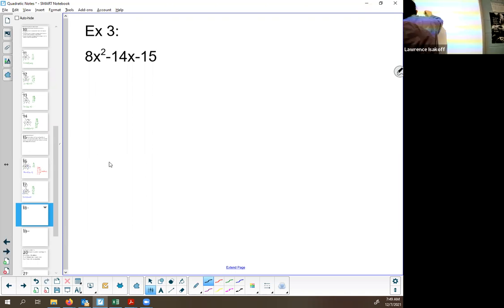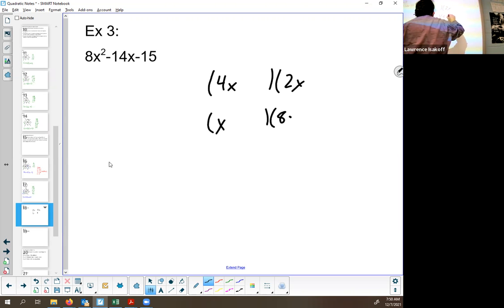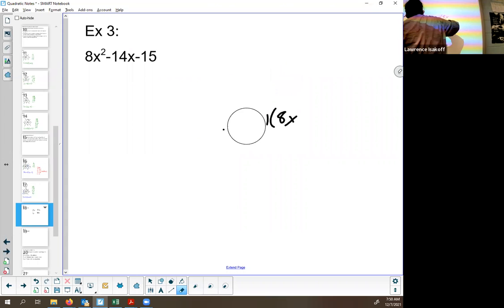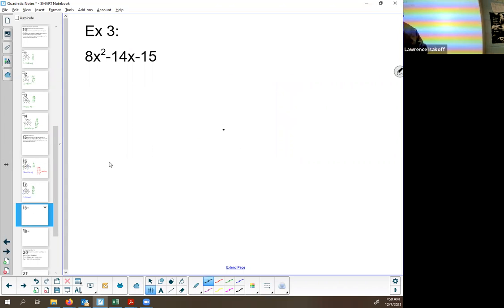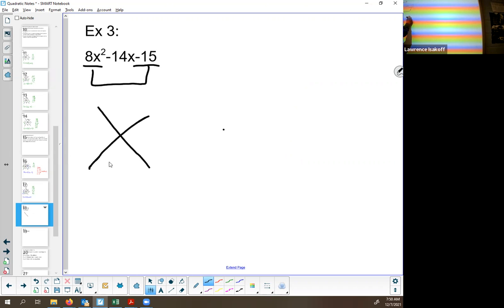I know that could get set up as a 4x and a 2x, or I could set it up as an x and an 8x, and then I start messing with 15. That way it gets really messy here. I have a lot of guessing and checking to do. But we're just going to do it this way. Now, 8 times 15 is going to give us a pretty big number, and we're probably going to have to check a lot here, and that's okay.